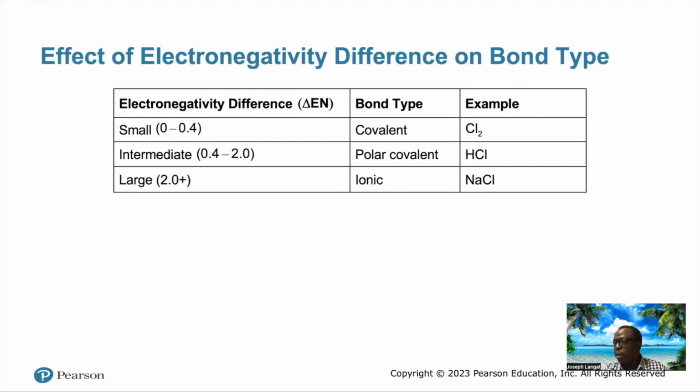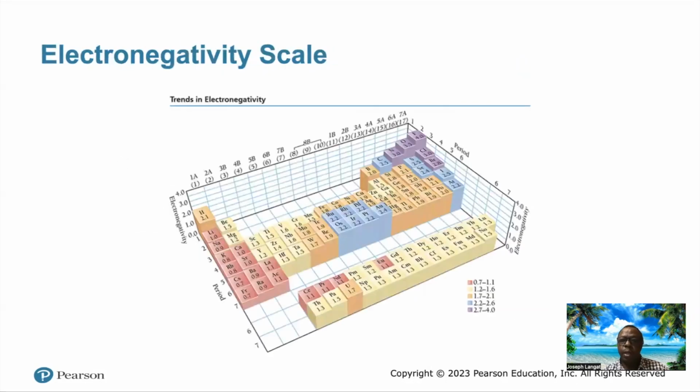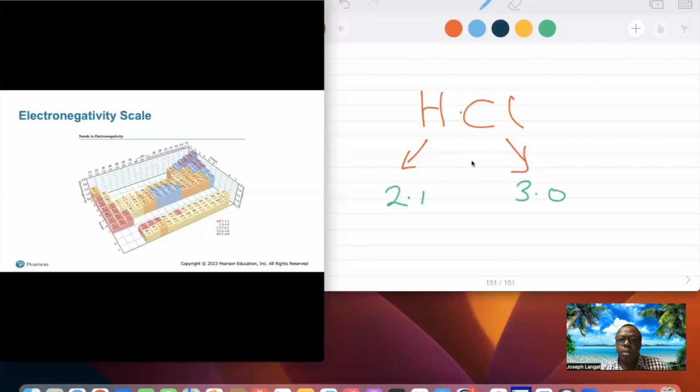For example, HCl. If we go to the table, which I'll give you, chlorine is 3.0 and hydrogen is 2.1. You'll be given that.